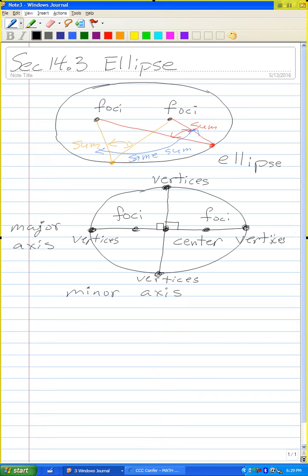You have a major axis, which is the axis that contains your foci, and you have a minor axis. It actually turns out that the major axis will always be longer than the minor axis. So this major diameter here is always larger than the minor diameter.